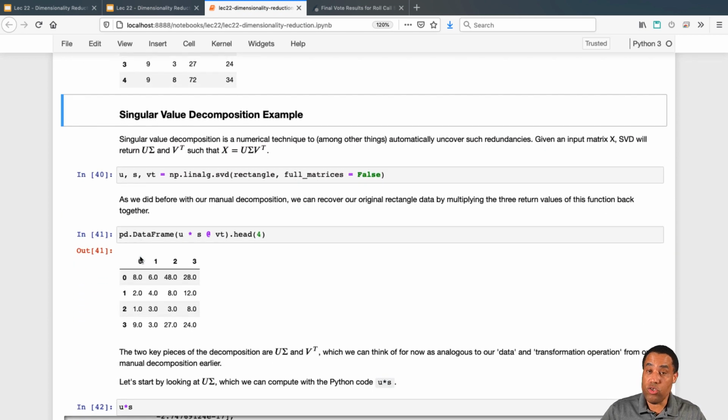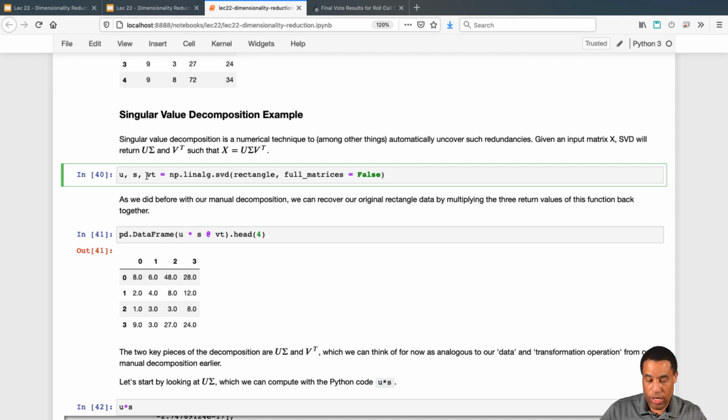Okay, so now we're going to do this using singular value decomposition. And so given our input matrix X, it's going to return U, sigma, and V transpose. And the property is that we can take U, multiply U, sigma, and V transpose, and we will get back our original matrix. So we're going to do that.